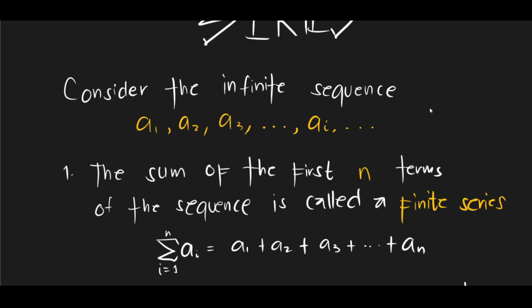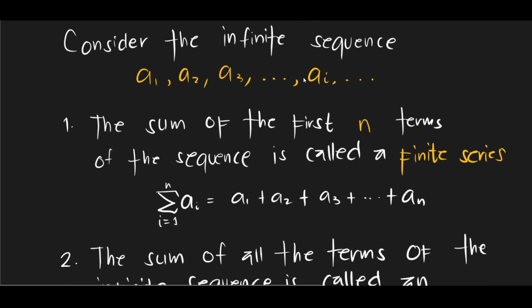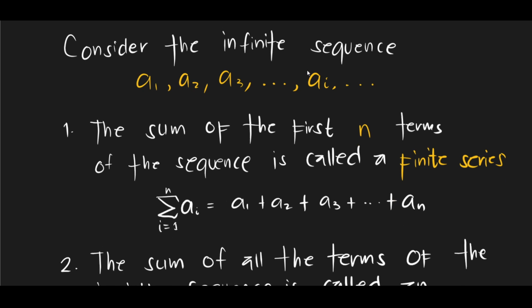Consider the infinite sequence a1, a2, a3, which continues infinitely. The sum of the first n terms of a sequence is called a finite series. This is our summation notation of our finite series. We are only going up to a certain term, an.